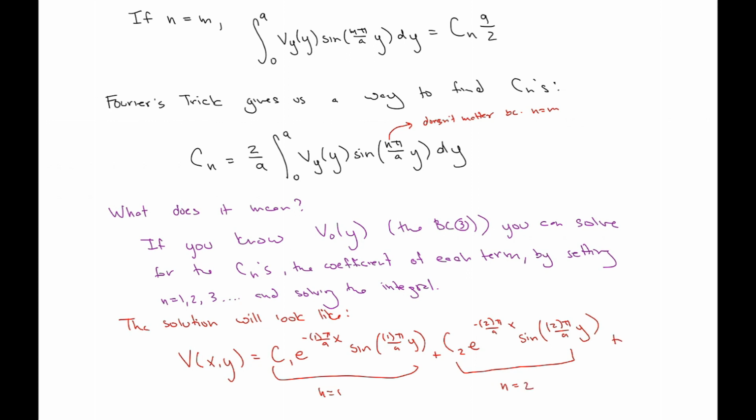And I can keep going until I got the full thing. Okay, so thanks to Fourier and his brilliance, through this technique, we can find our last remaining coefficient and turn our general solution into a specific solution that fits all of our boundary conditions.